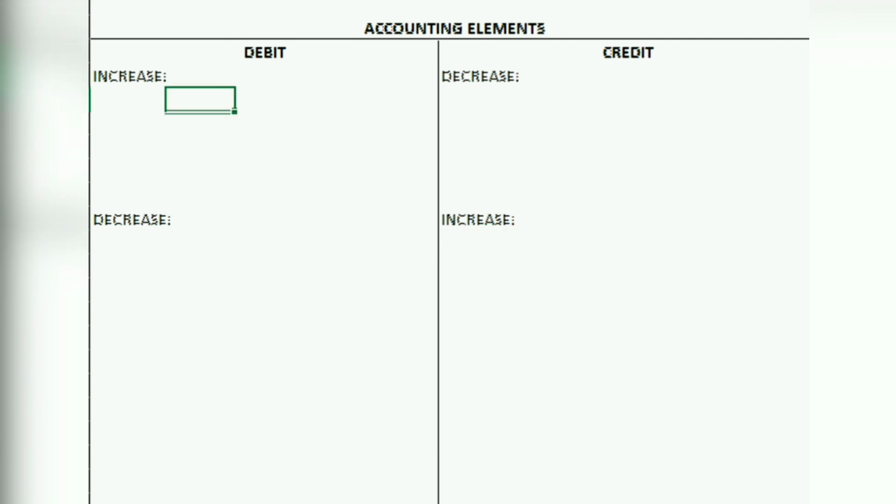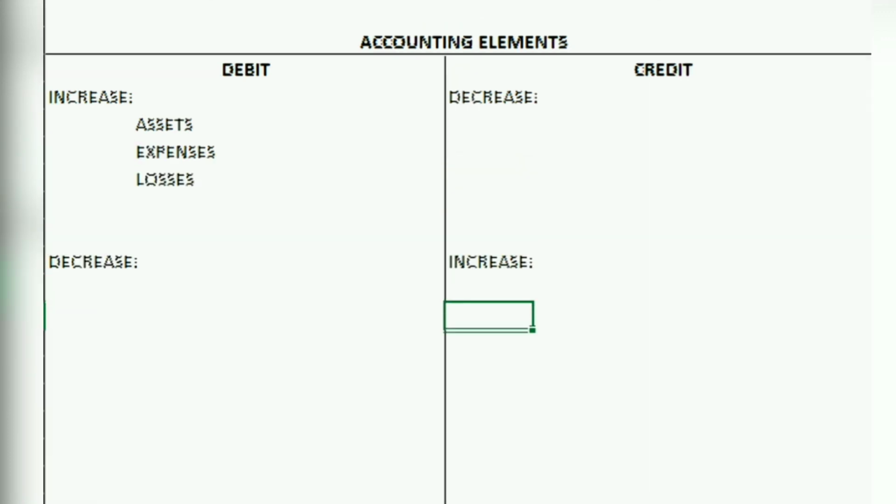To summarize the rules of debit and credit, so we have here the accounting elements. First, on the debit side, elements which increase in the debit side are assets, expenses, and losses.